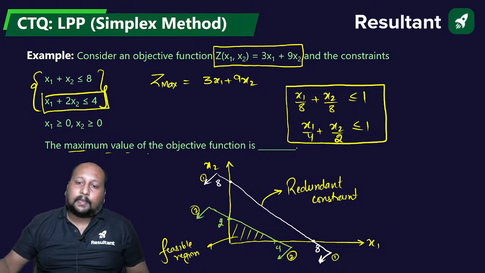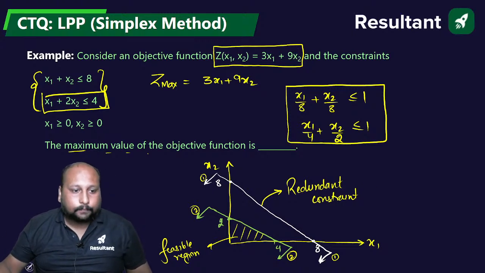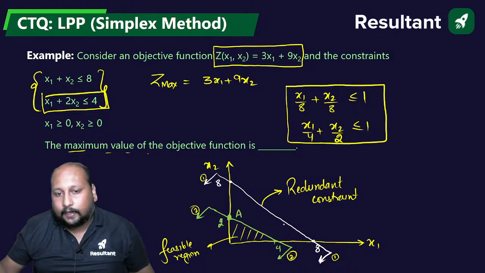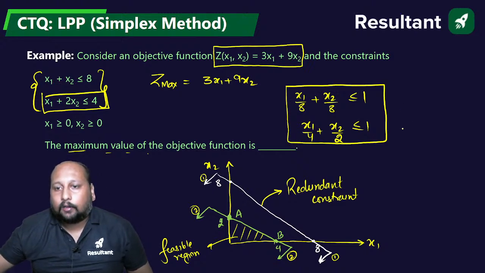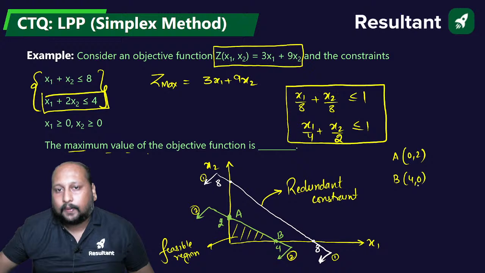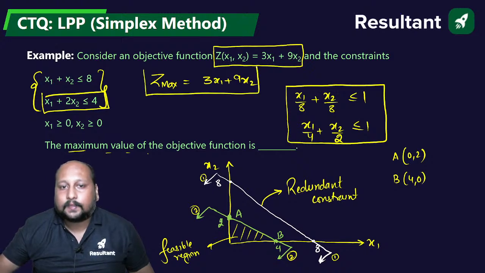So we got the optimal solution. Right, so we got a feasible region. Let's say this is point A, this is point B. If I write the coordinates of points A and B, A has coordinates 0 comma 2 and B has coordinates 4 comma 0. Place them in this equation. Tell me the values of ZA and ZB.